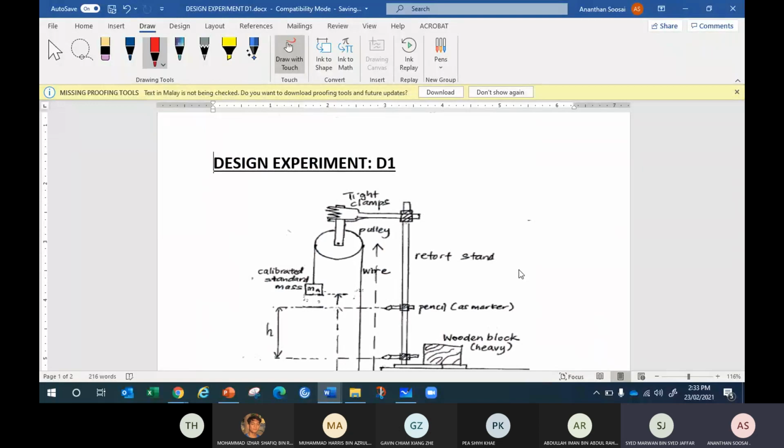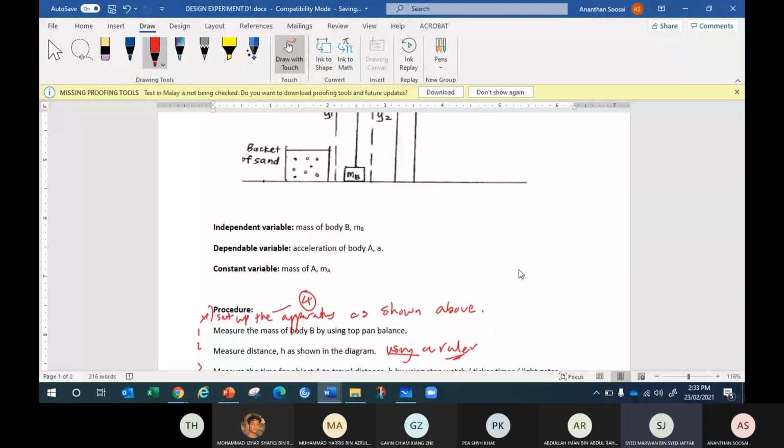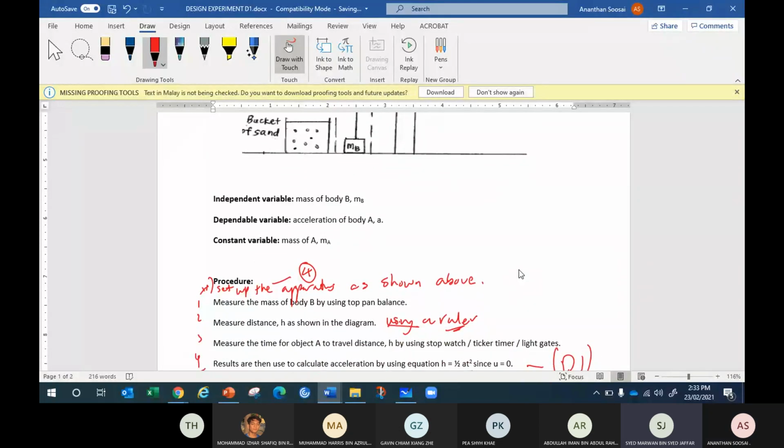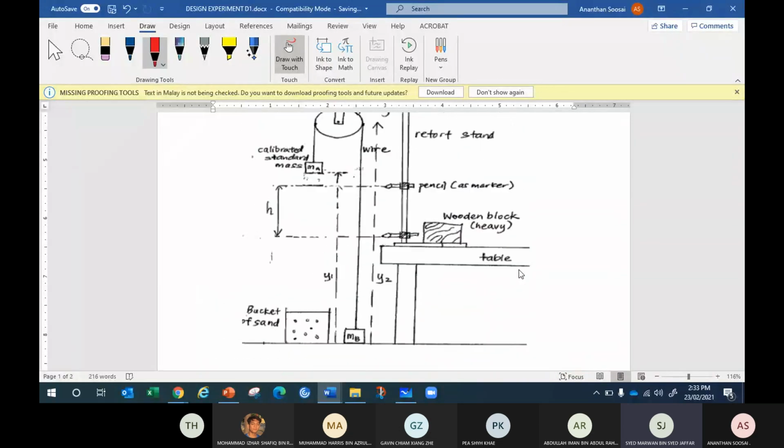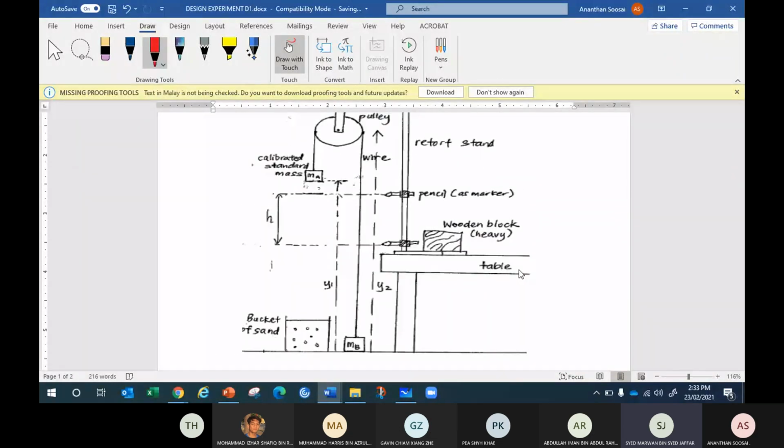Also, when it says weight or mass of A and weight of B, does that mean the weight and mass when they are attached to one another or when they are separated? Supposed to be separated. Mass B separate, mass A separate. You calculate. Oh, so why is mass B even attached if that's the case?